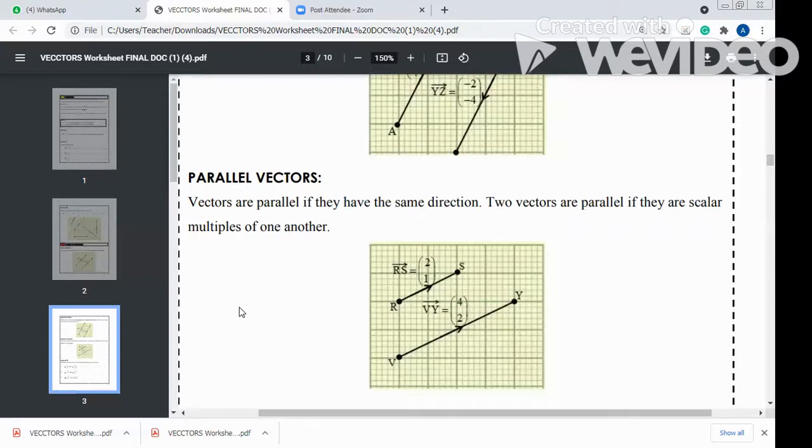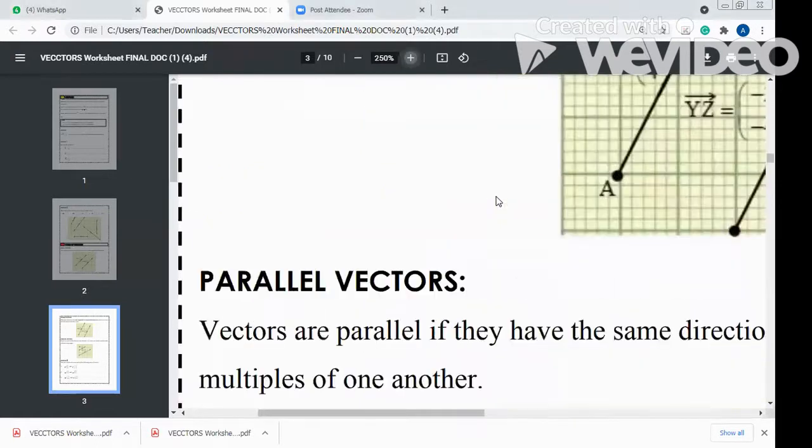What does that mean? It means that two vectors are parallel if one vector is an exact multiple of the other. For example, if you look at this example here, let me zoom in a little bit.